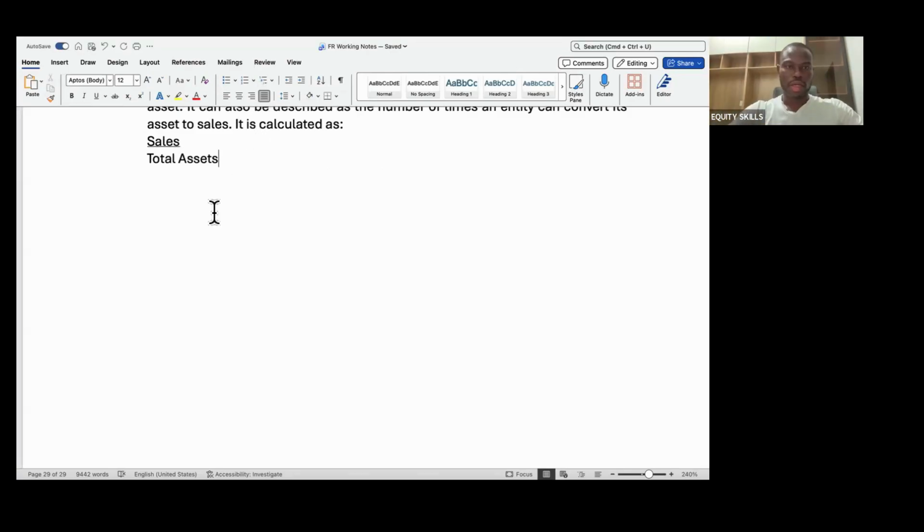Okay. So the second category of ratio is we have liquidity ratios.